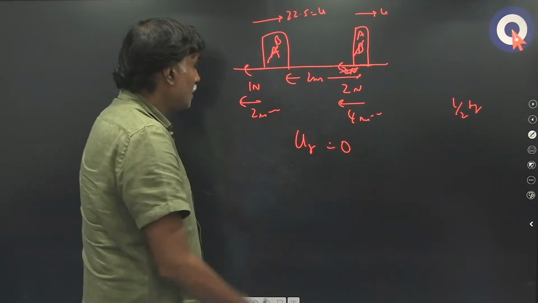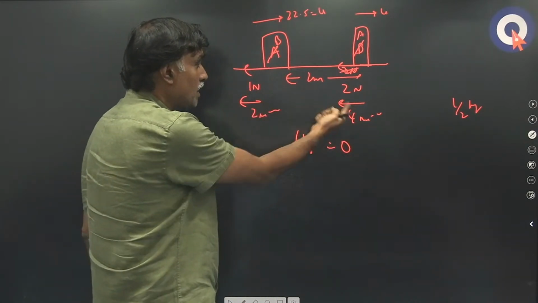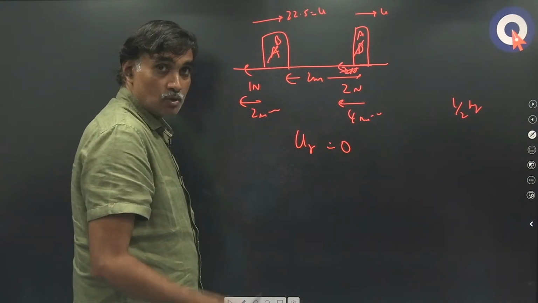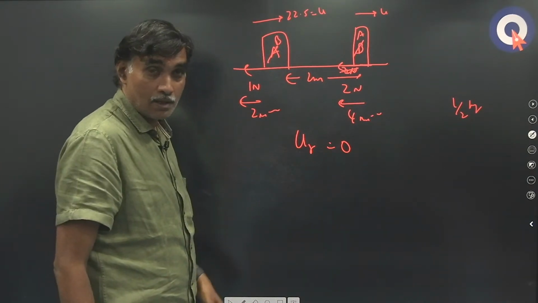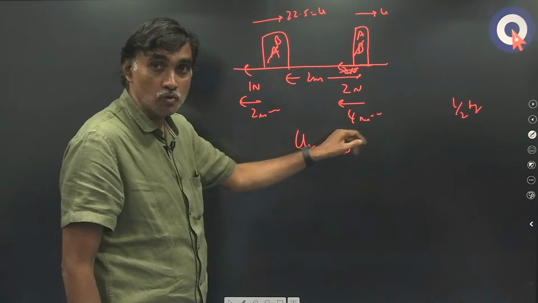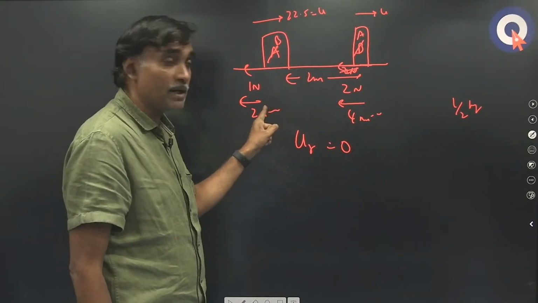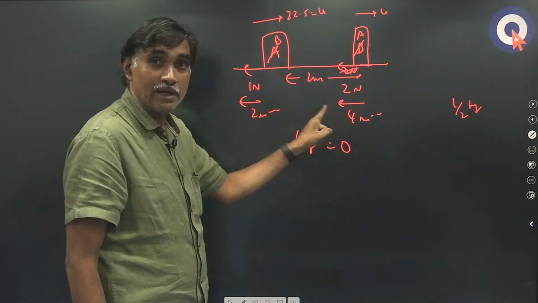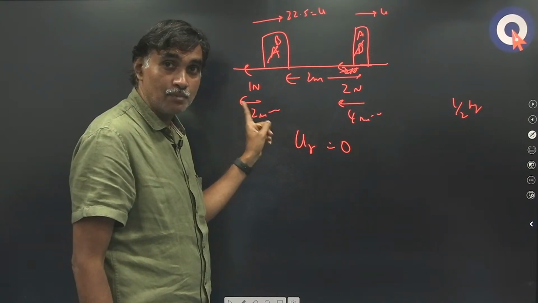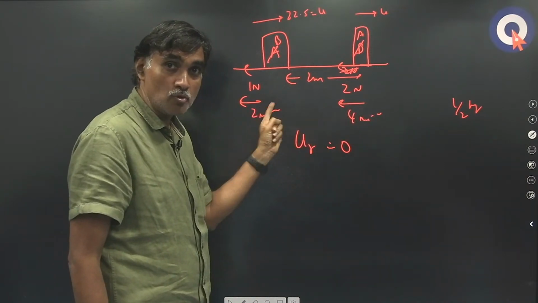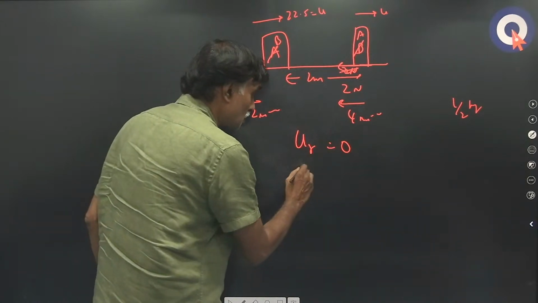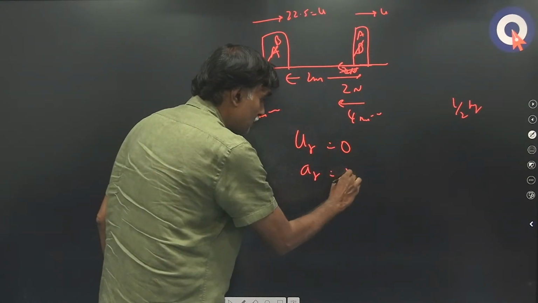What is the acceleration of B with respect to A? Acceleration of B is minus 2, acceleration of A is minus 4. So acceleration of B with respect to A is minus 2 minus of minus 4, that is plus 2, so it is 2 meters per second square towards right.